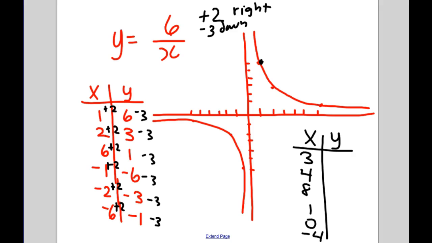And then my y's are all getting 3 subtracted from them. So 6 - 3 is 3. 3 - 3 is 0. 1 - 3 is -2. -6 - 3 is -9. -3 - 3 is 0. And then -1 - 3 is -4.